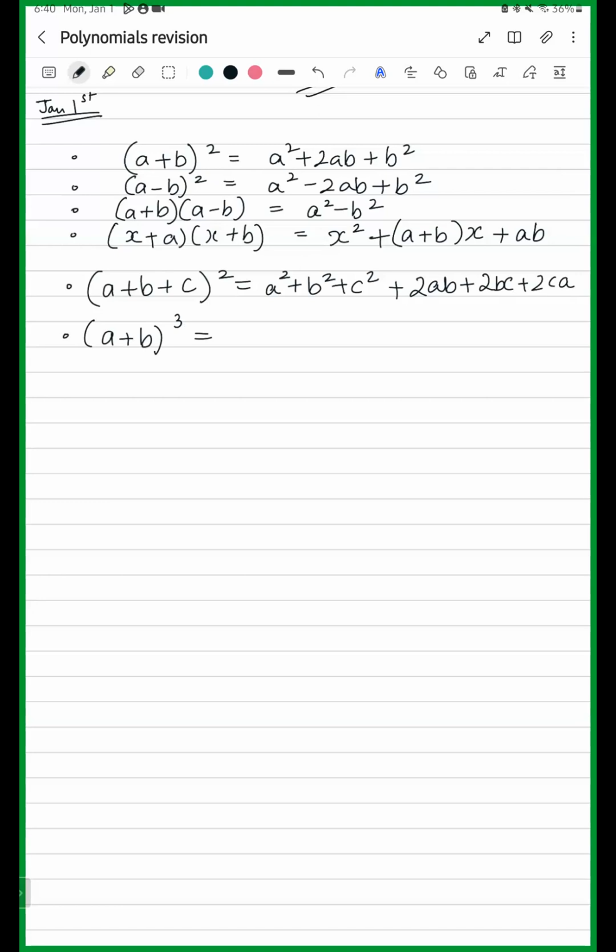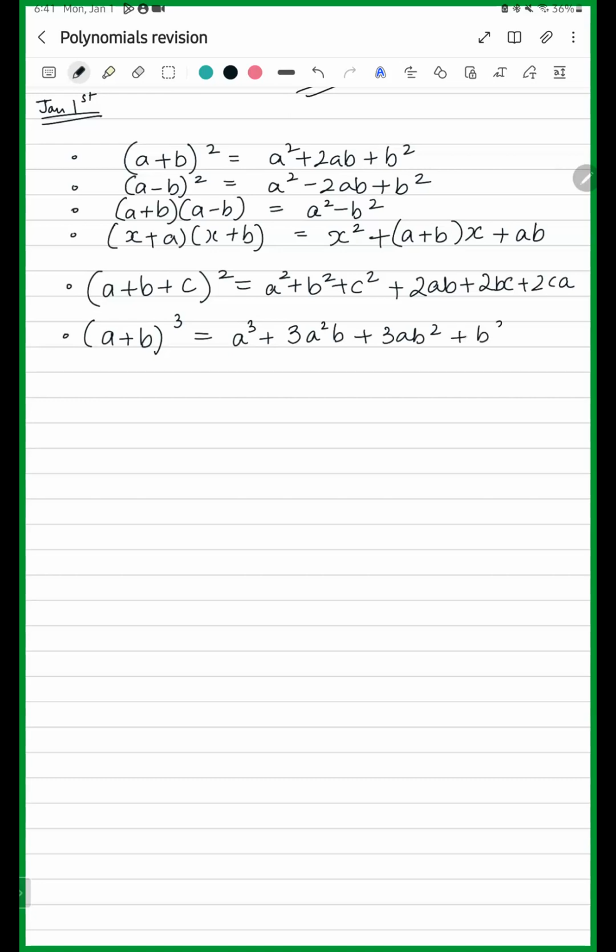Abdul Jabbar, would you like to give it a try? a cube plus 3a square b, very good, plus 3ab square, plus b cube.